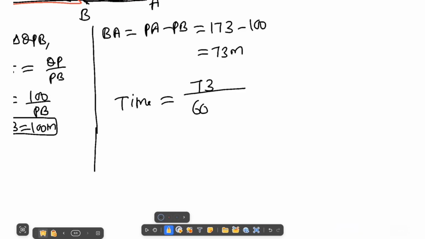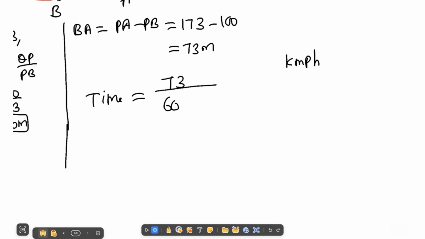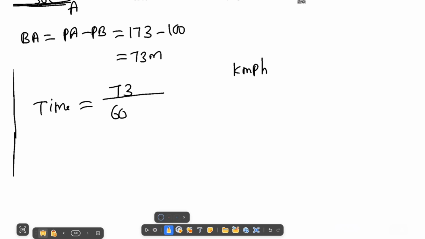So if we change kilometers per hour to meters per second, let's try to change here. Kilo per means by. Now this can be written as kilometers by hour.